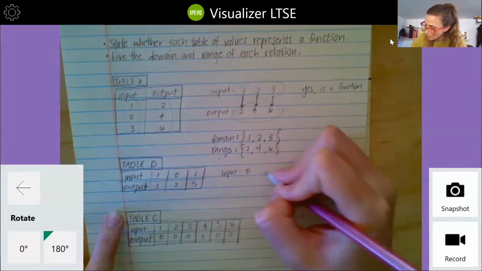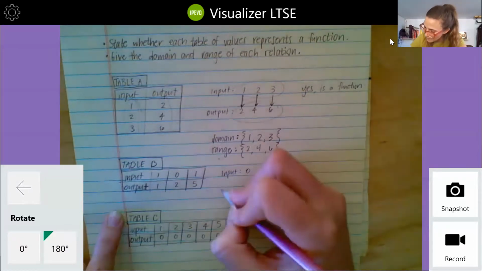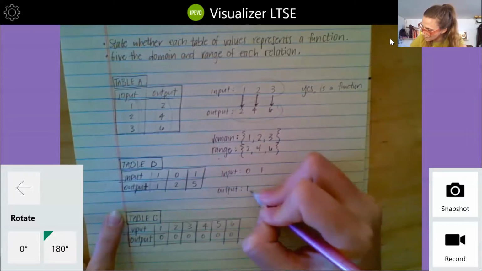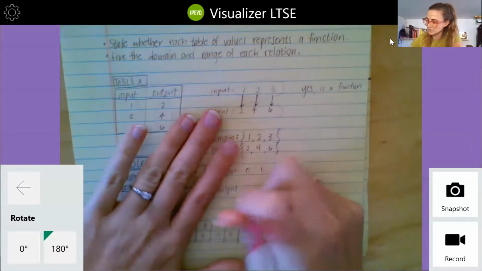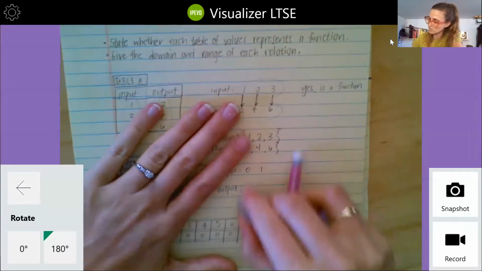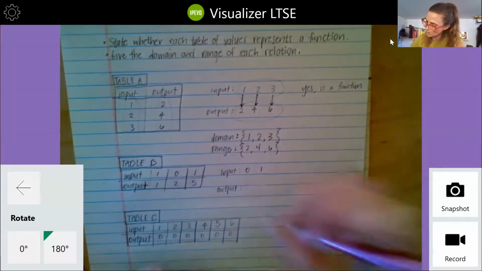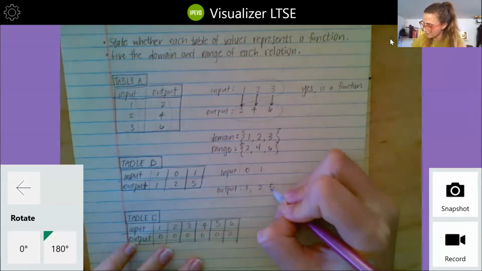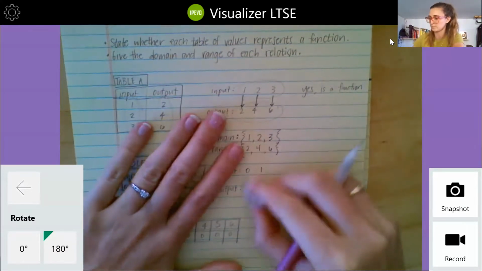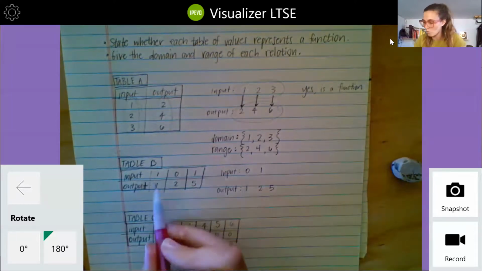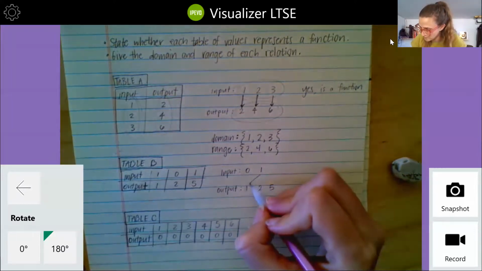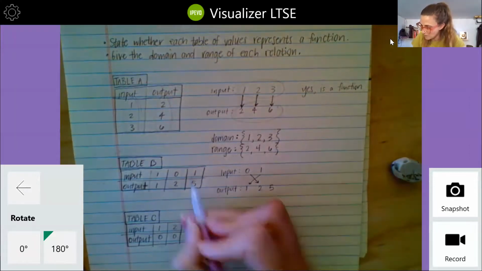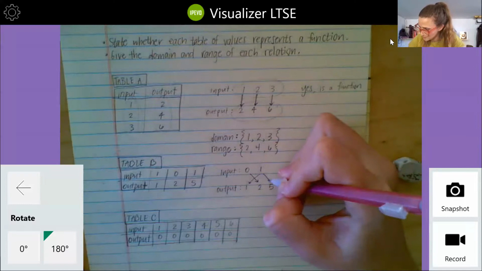So 0 and 1, and then my outputs are 1, 2, and 5. Okay, and so 1 maps to 1, 0 maps to 2, and then 1 maps to 5.